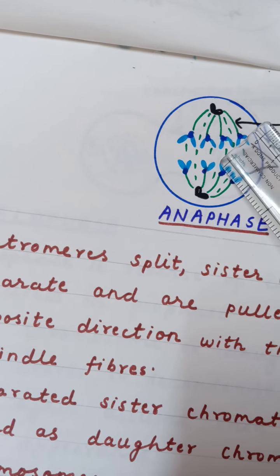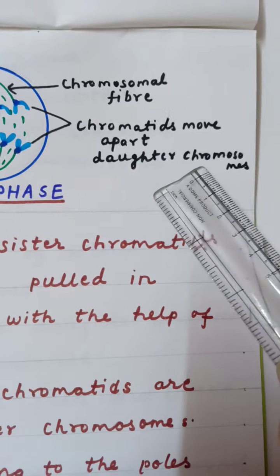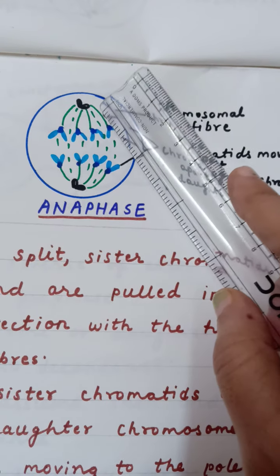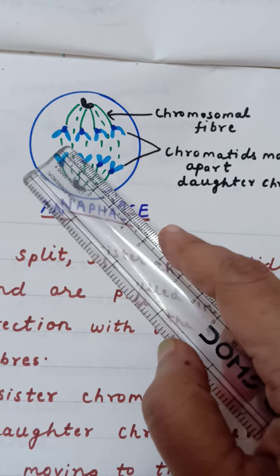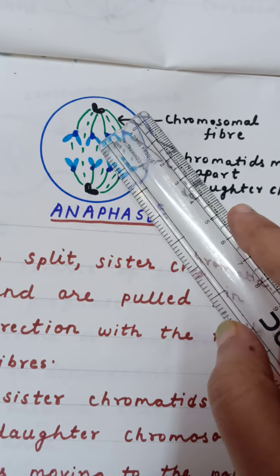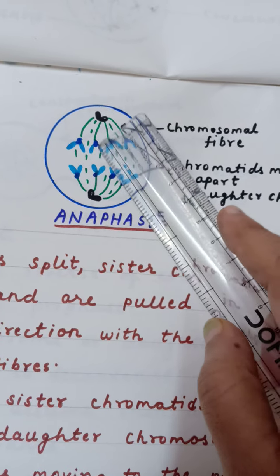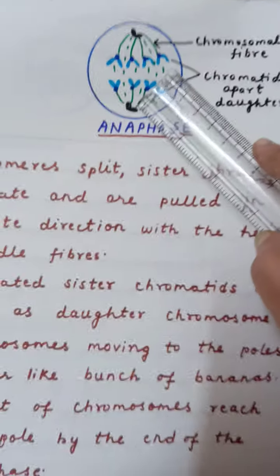Separated sister chromatids are now called daughter chromosomes. Due to this spindle fiber, there is a pull and the two get separated at the centromere. Now they are apart from each other and moving towards the poles.